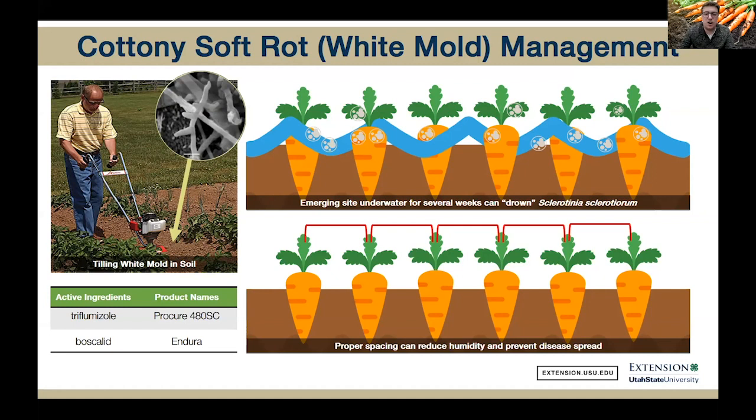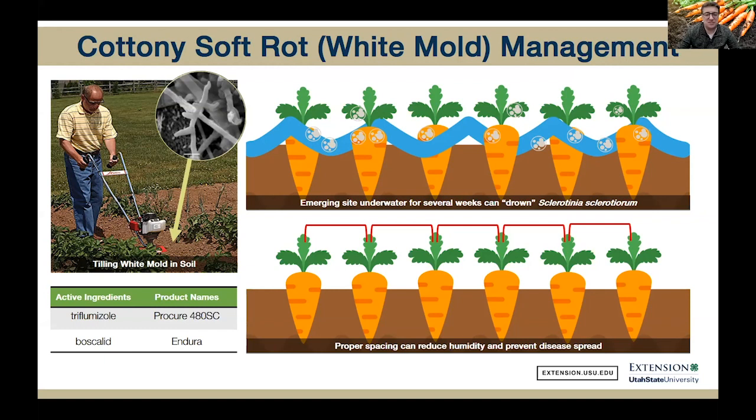Rotate crops from carrots with non-susceptible crops like grains or corn, and this can help prevent that disease from building up. And then ventilation. That just means having adequate spacing between your crops, and that can reduce the humidity in the foliage and prevent the contact and disease spread. So think of it like social distancing for your plants.